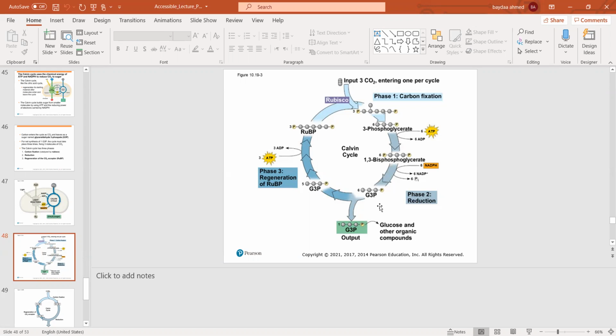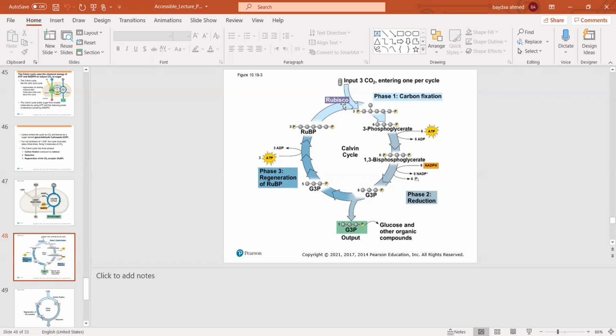One is the output of glyceraldehyde 3-phosphate, a sugar used to make glucose and other organic compounds. The other 5 glyceraldehyde 3-phosphate continue and then enter the regeneration of ribulose bisphosphate. This one we call the carbon dioxide acceptor molecule, and ribulose bisphosphates are formed.